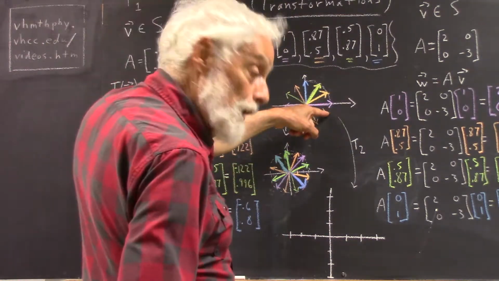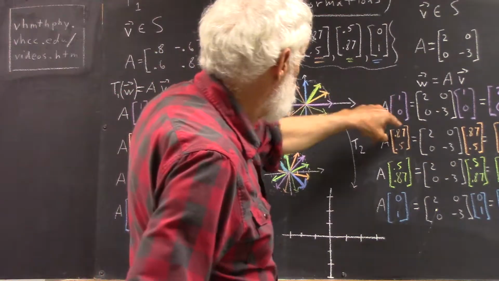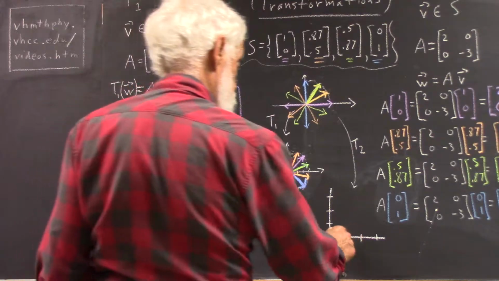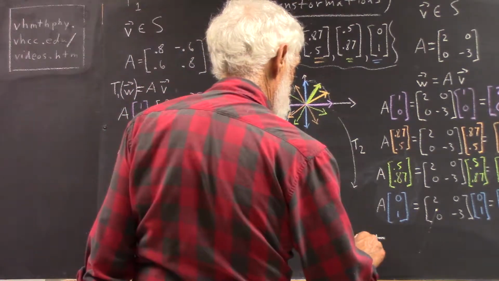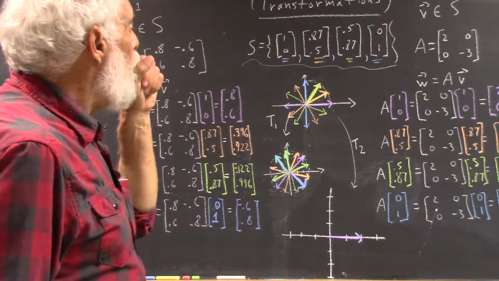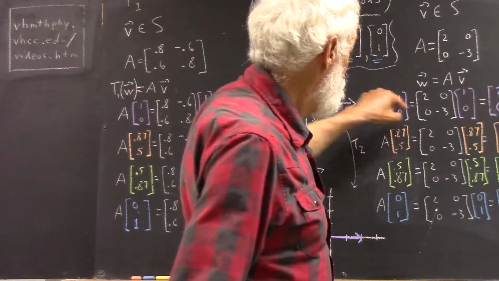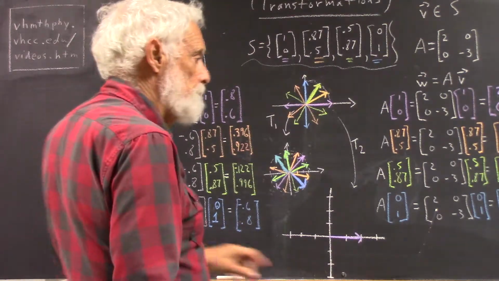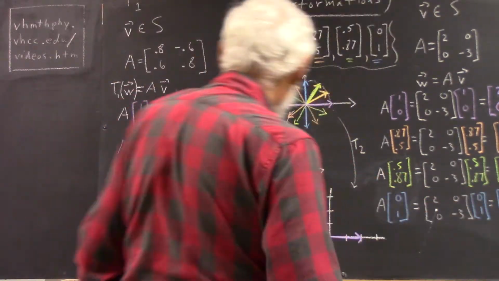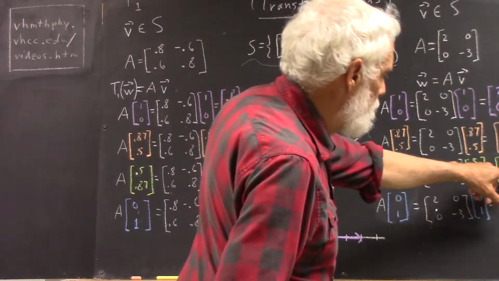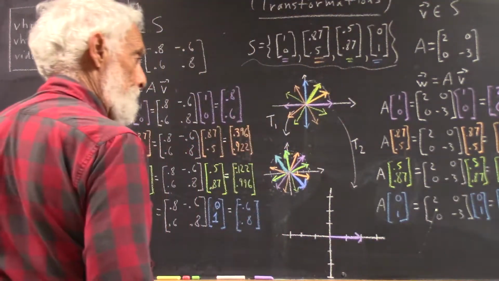Now, same vector here, our 1, 0 vector maps to 2, 0. So there it is. This is the image of the 1, 0 vector. The 0, 1 vector maps to 0, -3.